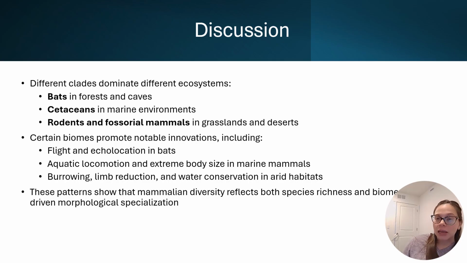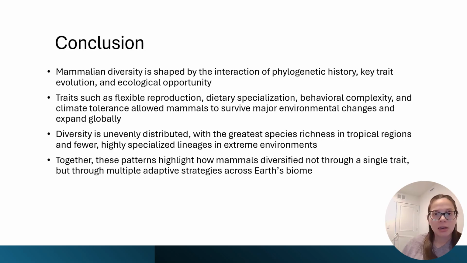Some mammal clades diversify by producing many species, while others diversify through extreme ecological and morphological specialization tied to specific environments.